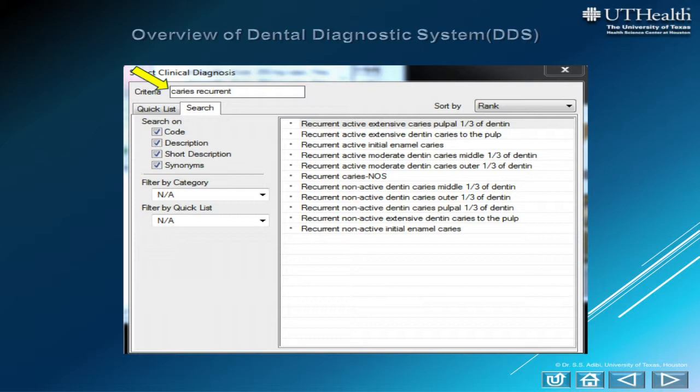Alternatively, if you wish, you can explore by typing in criteria that you think is your probable diagnosis, as I typed caries recurrent, and see what is available to choose in this particular subcategory.